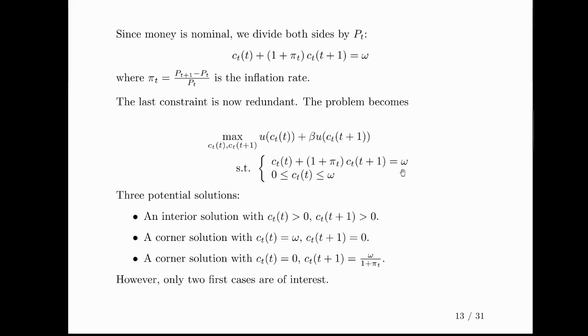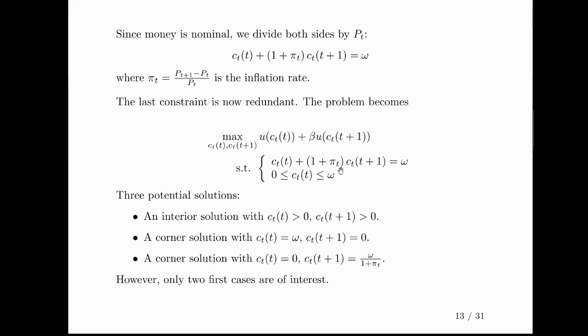Since omega is earned in period T, I can substitute directly some omega I earn for some consumption in period T, and I can keep some of my omega and spend it in period T plus one, but then I have to account for the fact that my purchasing power might have changed.